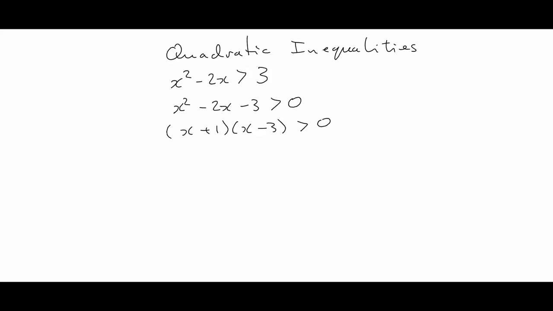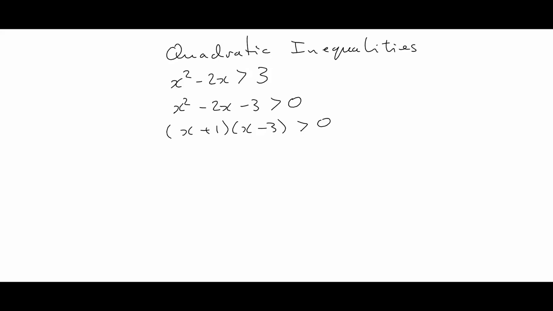So we have two things multiplied together greater than 0. Now, this is not an equation. If it was equal to 0, we would say x equals minus 1 or x equals 3.